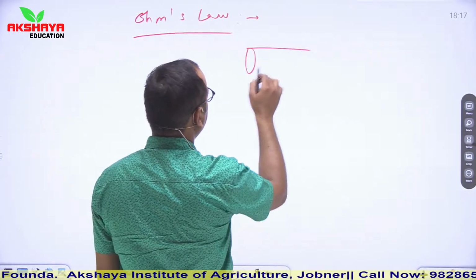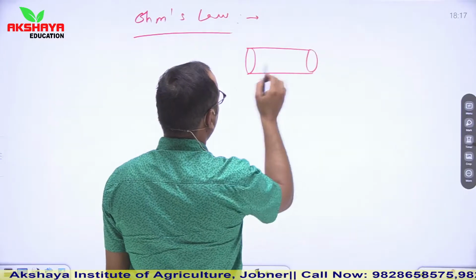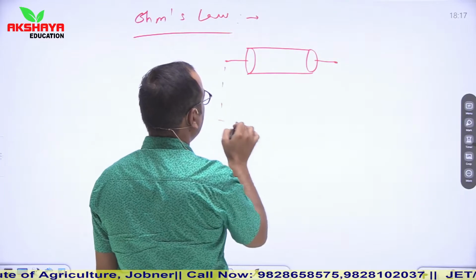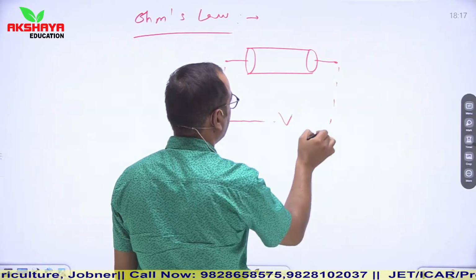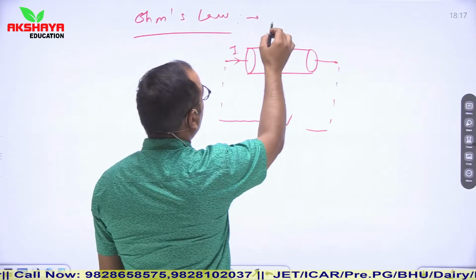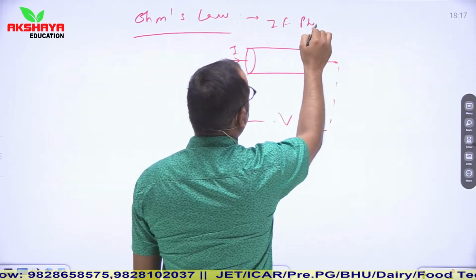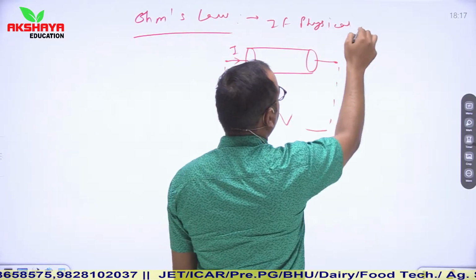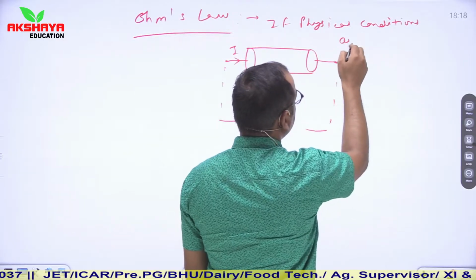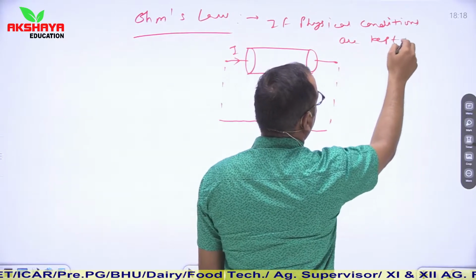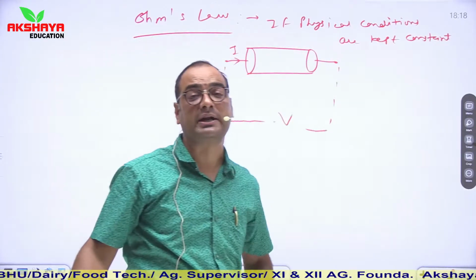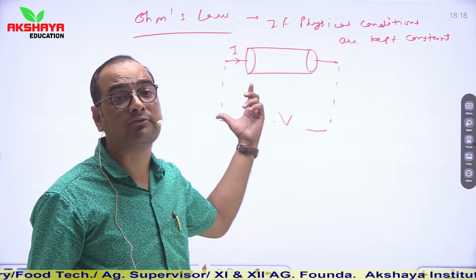Let us say this is a conductor in which potential difference across its ends is V, and current flowing through it is I. Then according to Ohm, if physical conditions are kept constant, then potential difference produced across the ends of this conductor is directly proportional to current flowing through it.